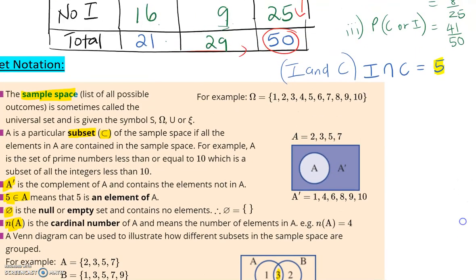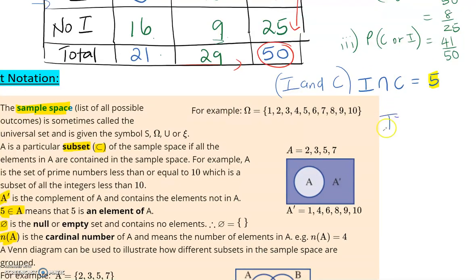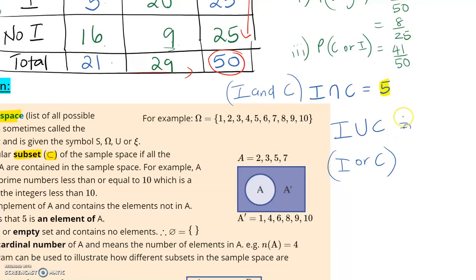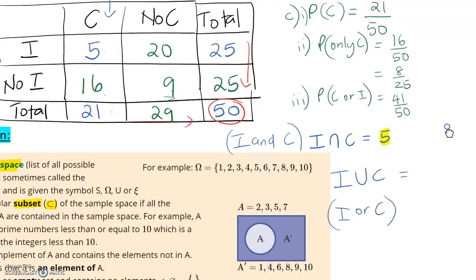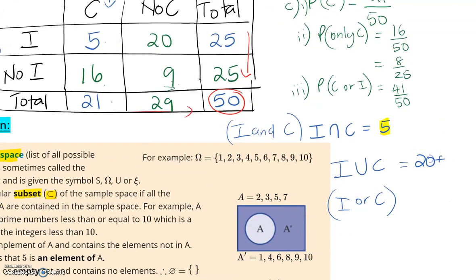Instead of intersection, if you want to say I U C, which means I or C, that means everything in set I and everything in set C, all of these numbers, 20, 5 and 16. If you add them all together, 20 plus 5 plus 16 is equal to 41, which is exactly what that is. Okay.